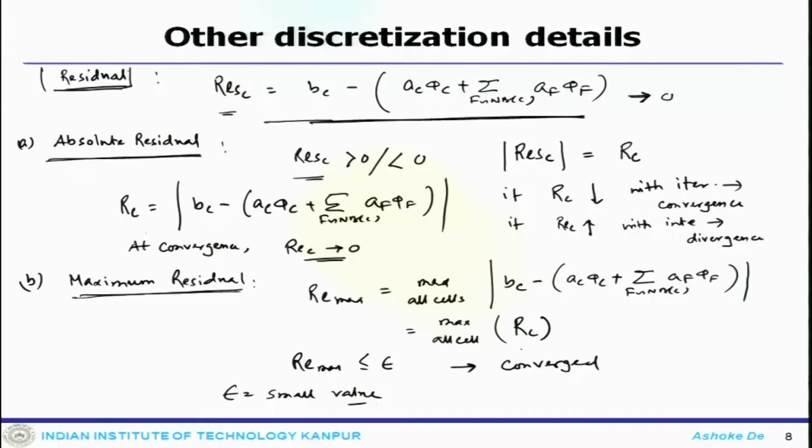Then you put in a criterion: if the maximum residual inside the domain, that is, for the cell which is providing the maximum residual, has gone below a specified small value, then you can estimate that you are heading towards convergence. Otherwise, you may think that this may lead to divergence.